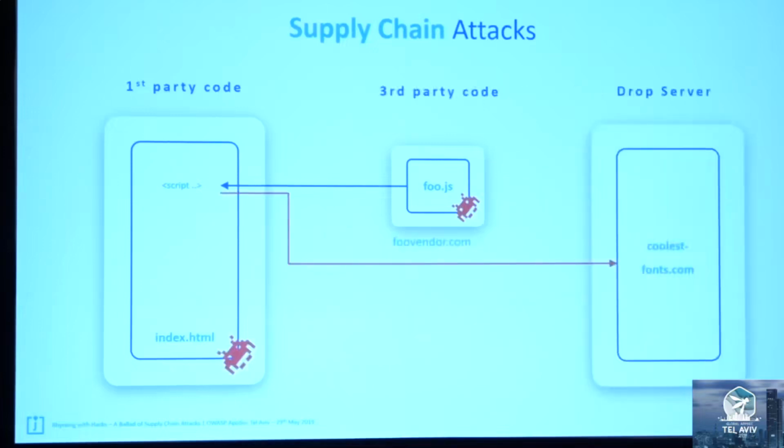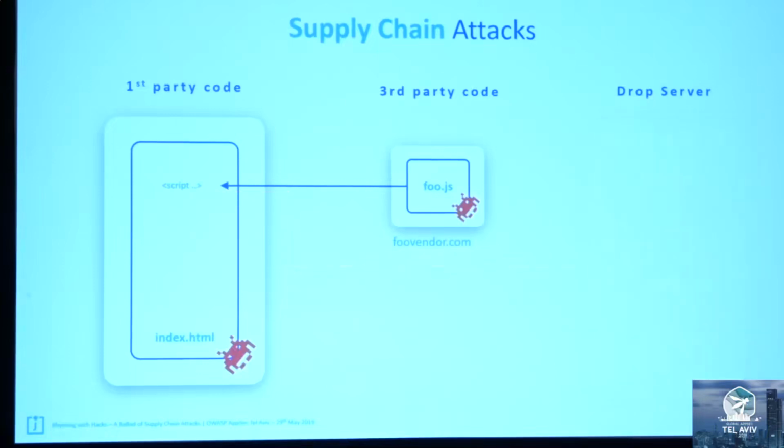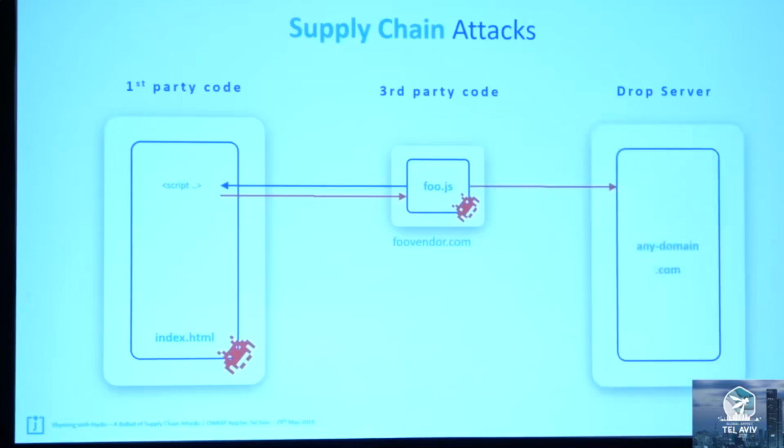What happens is they scrape the data they want to leak, and then they just send it to a drop server, usually in a third-party domain. So it's usually cross-origin. But one thing that is certainly possible is that, because they compromised a third-party server, they might just use that server to exfiltrate data on its way to a server controlled by the attacker.